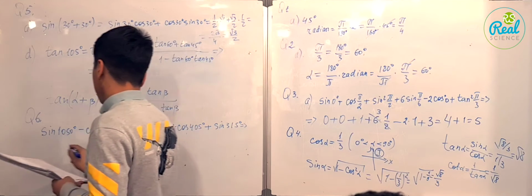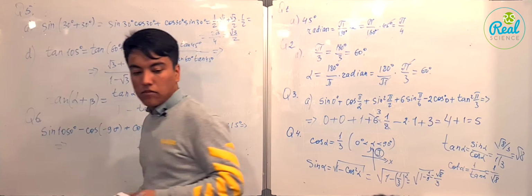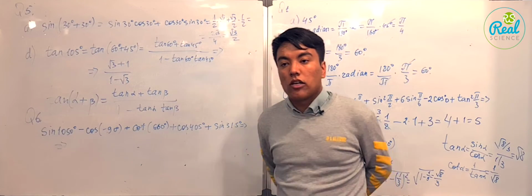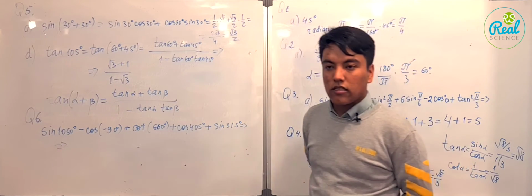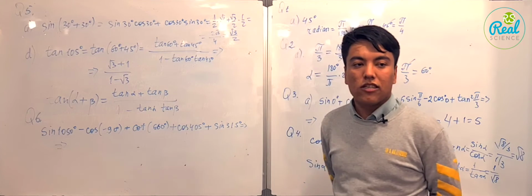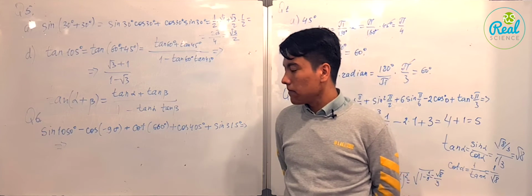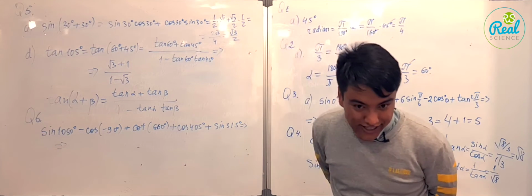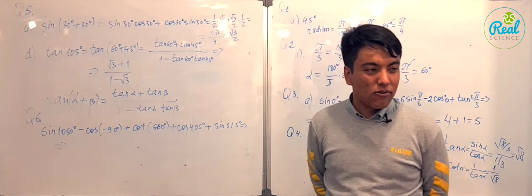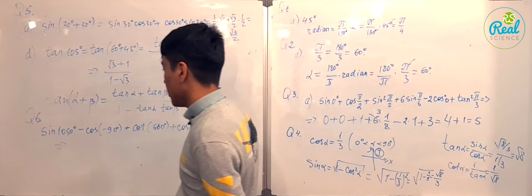Sine 750, we should divide by 360, yes. 150 we're going to divide, this is 1080 minus 30. Or like this, you're right. 1080 minus 30.